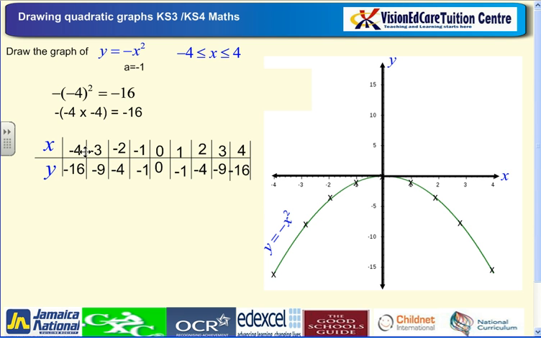So we plot our coordinates as minus 4 and minus 16, minus 3 and minus 9, minus 2 and minus 4, minus 1 and minus 1, 0 and 0, positive 1 and minus 1, positive 2 and minus 4, positive 3 and minus 9, and positive 4 and minus 16. After we plotted our points, we draw our curve, which is a very smooth curve.